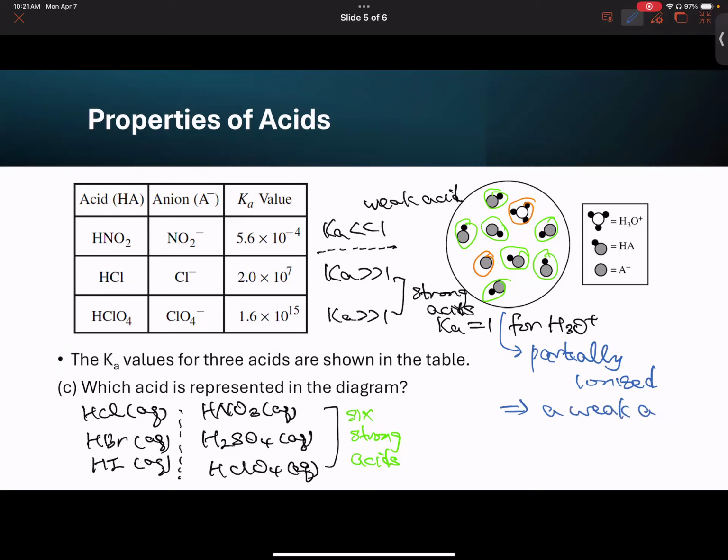Weak acid is partially ionized. Most of the molecules will be remaining as intact HA acid, only a small portion. Typically, less than 5% of the molecules will be dissociating to produce its conjugate base and hydronium ion.